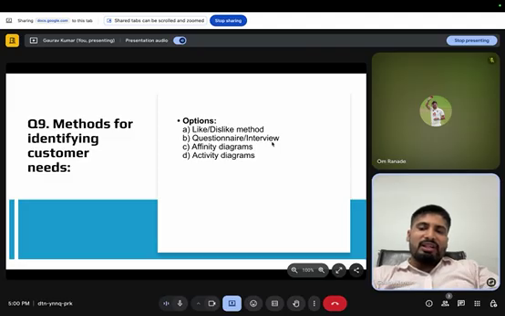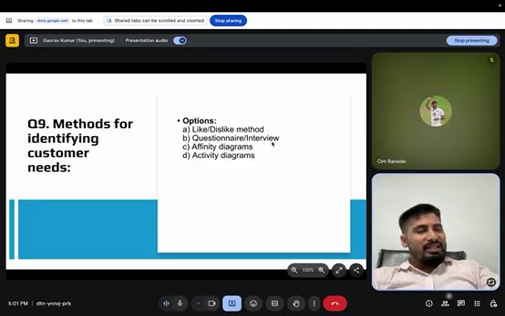Options C and D, affinity and activity diagram, serve a different purpose. They help organize or visualize the information after data collection rather than eliciting the need directly. So hence the correct methods for initial identification are A and B, as you have rightly just said.